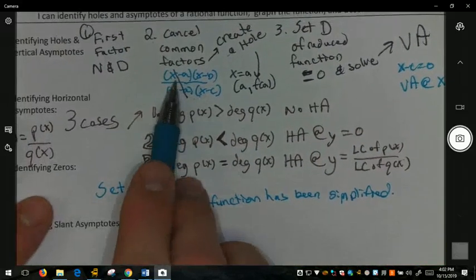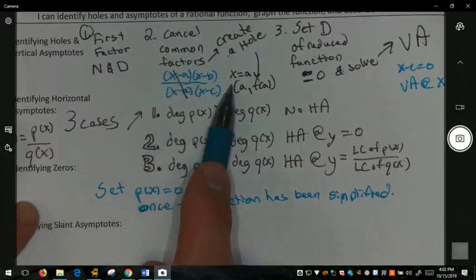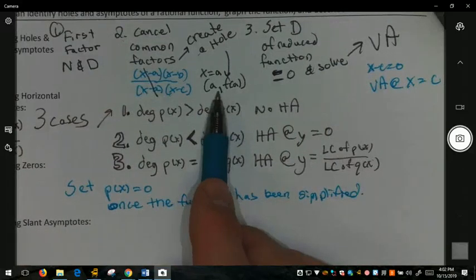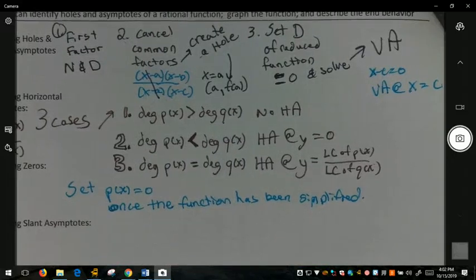So in the case above, x equals a is not an x-intercept. We saw that we have a reduced function and x equals a is actually a hole. x equals b is a 0, an x-intercept.